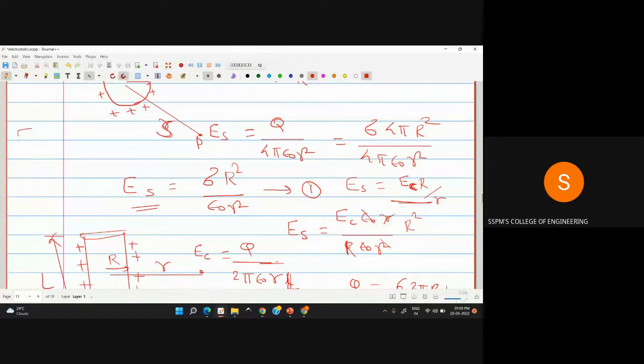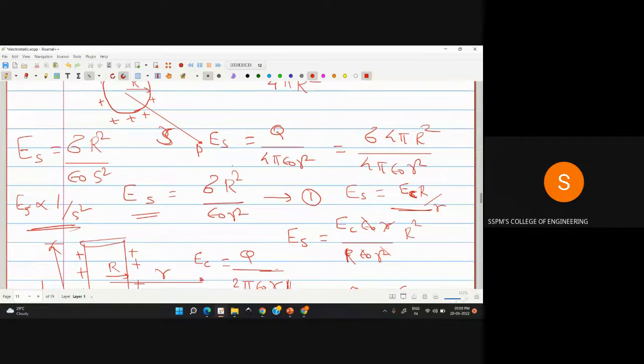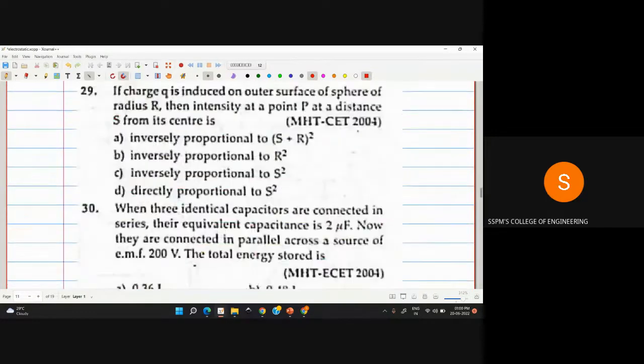So what is the electric field? ES is equal to sigma R square divided by epsilon 0 into S square, where R is replaced by S. So ES is inversely proportional to S square. So which is the correct option?